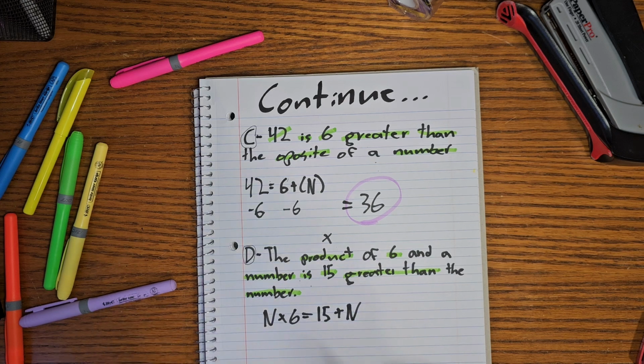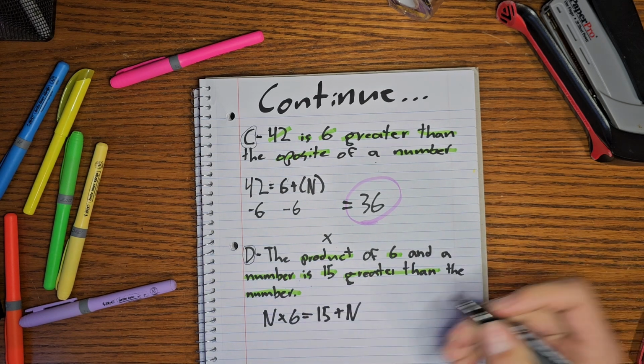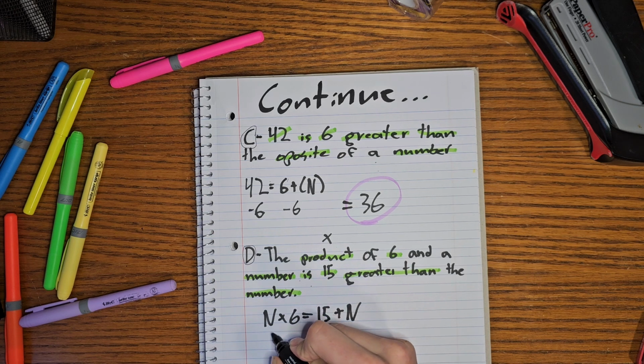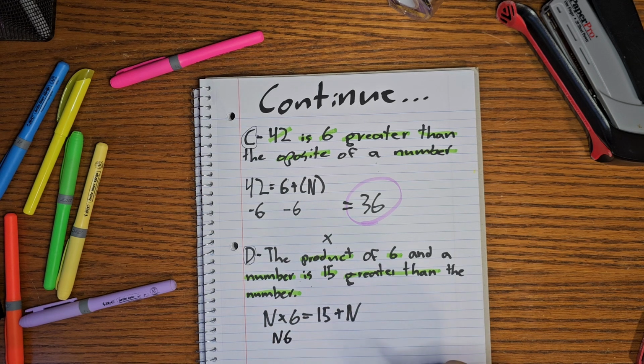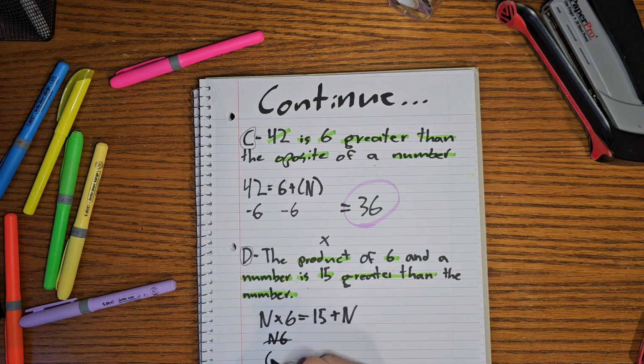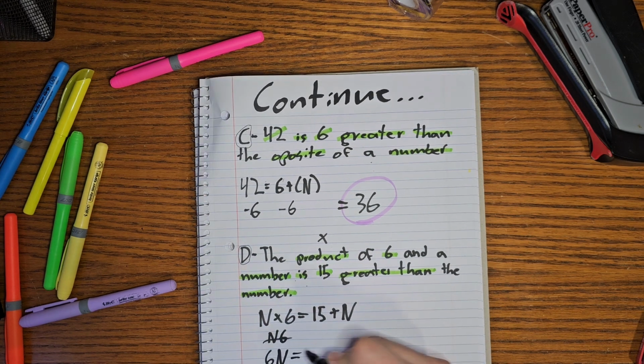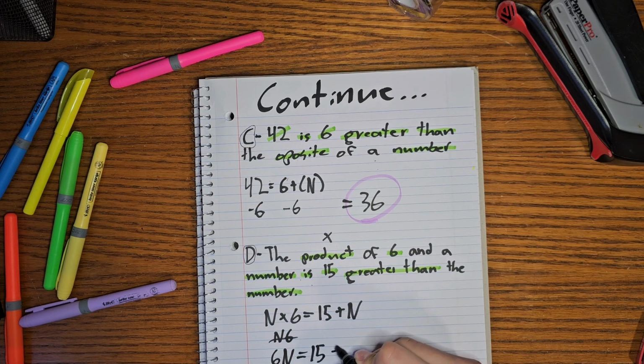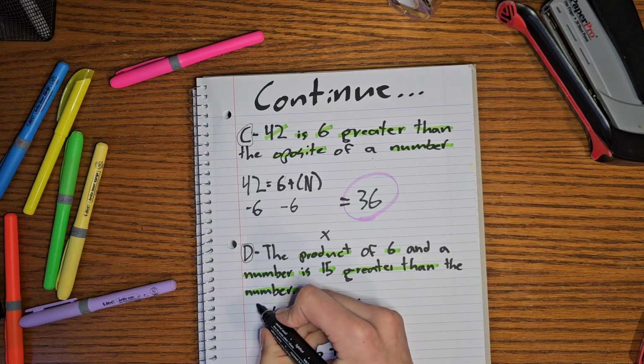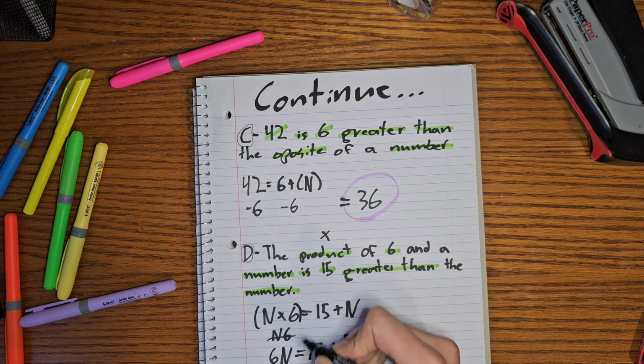Just think about that for a sec. That can hold you up, and it doesn't need to. With 6 times n, you can just write 6n. So 6n equals 15 plus n. You do not want to get mixed up. If it mixes you up, just put it in brackets: it's 6 times n.